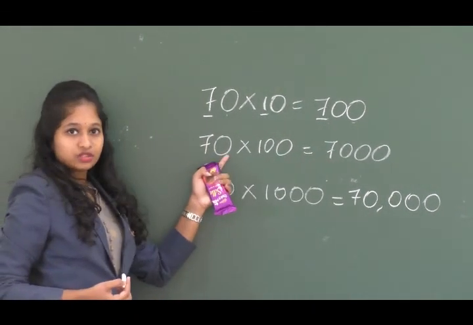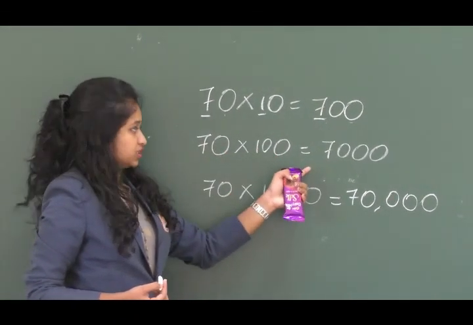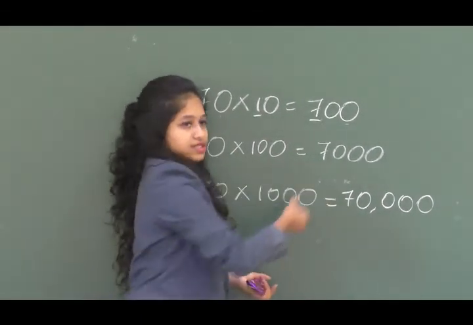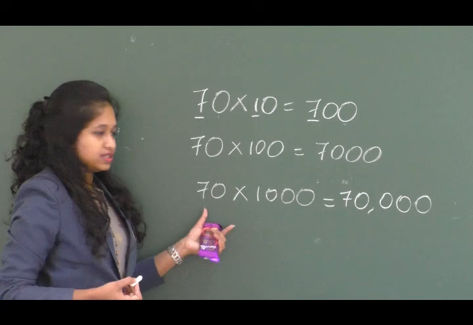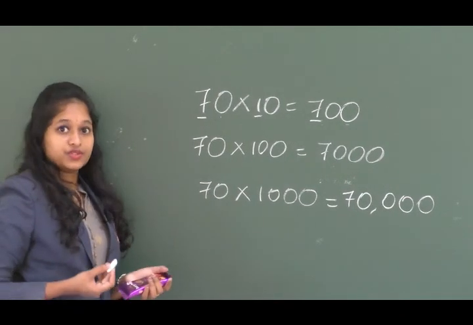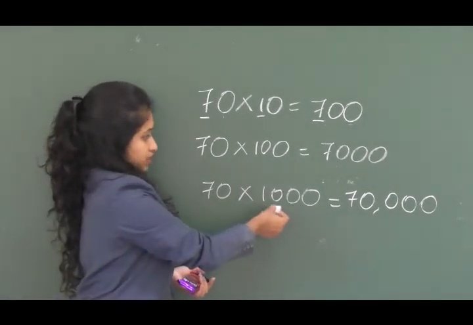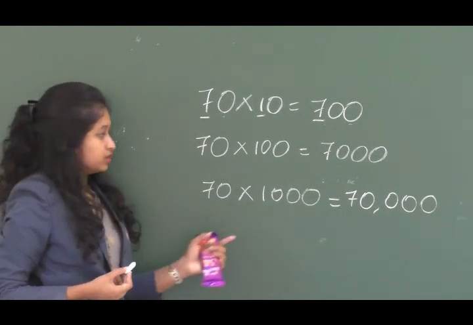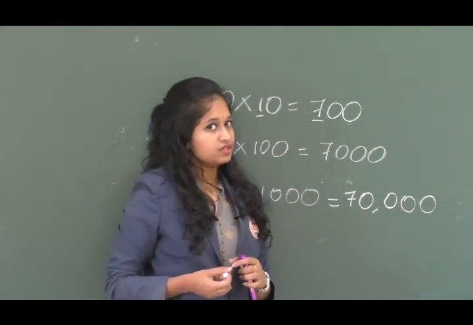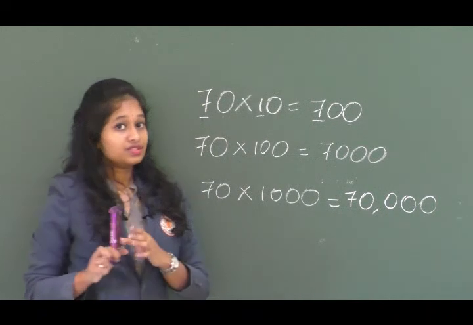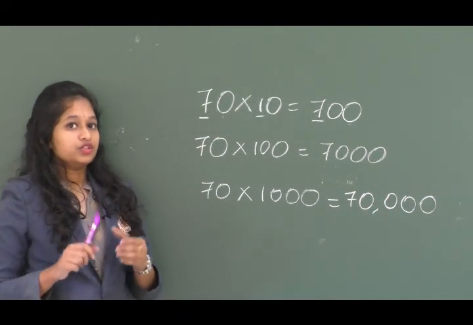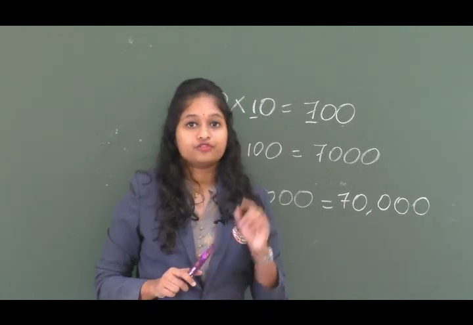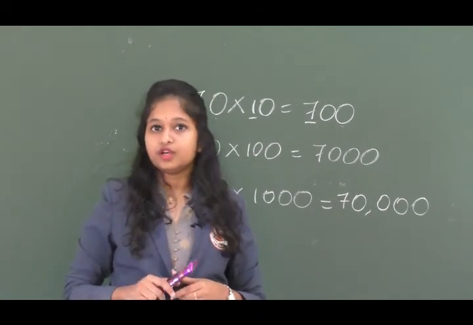How many zeros? 1, 2, 3. So insert 3 zeros after 7. In this case, also do the same. 7 into 1 is 7 and totally 4 zeros are there. Insert those zeros after 7. So this is what we do for multiplication of multiples of 10, 100 and 1000.